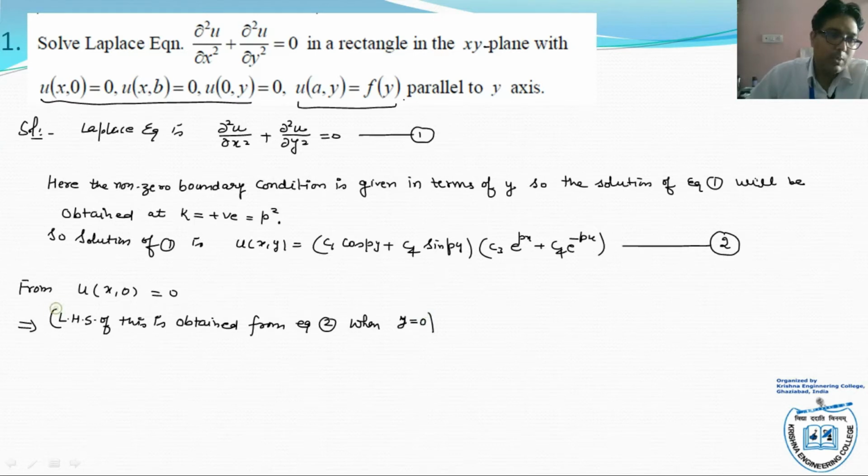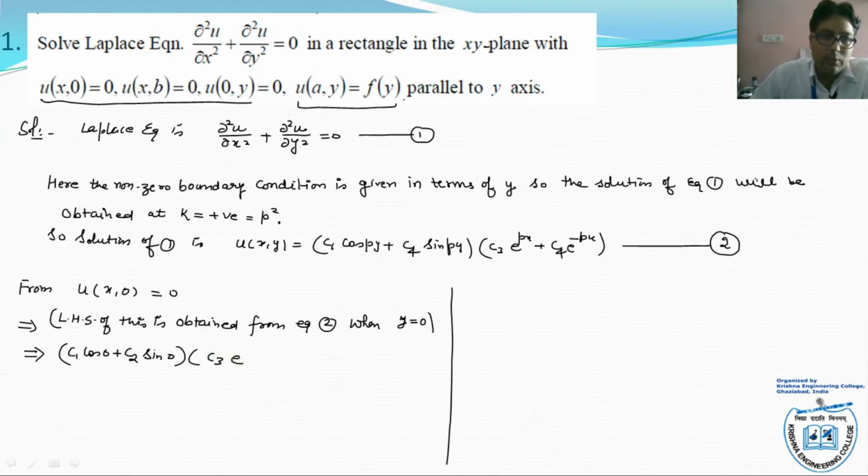So we find the value of u(x, 0) by replacing y with 0 in equation second. So this becomes (c1 cos 0 plus c2 sin 0) into (c3 e to the power px plus c4 e to the power minus px) is equal to 0.